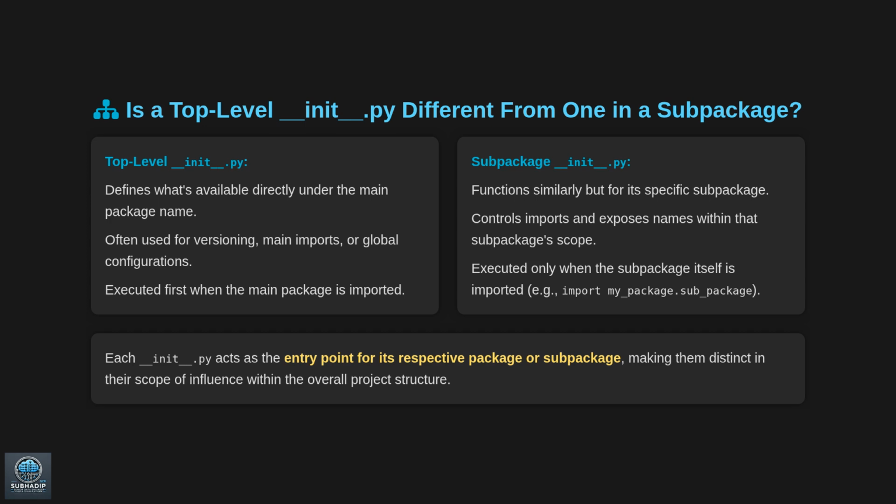A subpackage __init__.py, on the other hand, controls imports and exposes names specifically within that subpackage's scope, and is only executed when that particular subpackage is imported. Essentially, each __init__.py acts as the entry point for its respective package or subpackage.